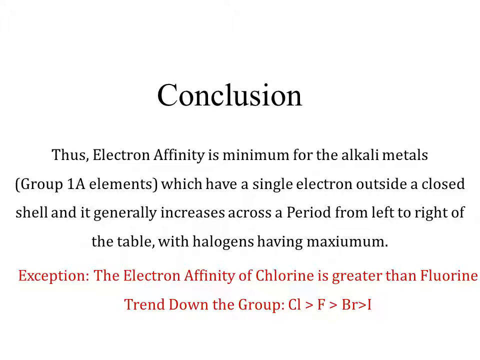So the trend down the group is chlorine greater than fluorine, greater than bromine, and greater than iodine. Chlorine has the highest electron affinity within the group, followed by fluorine, then bromine, and then the expected pattern remains the same.